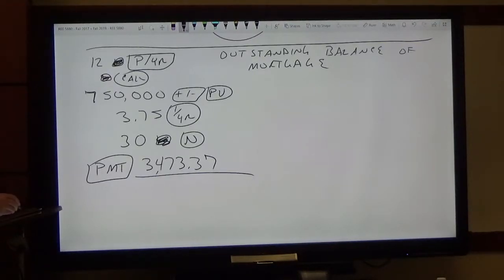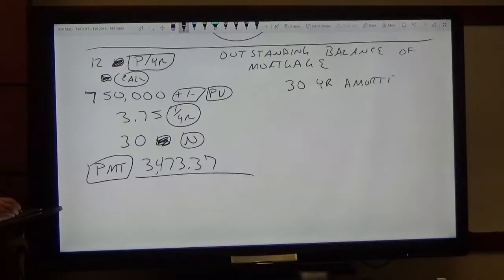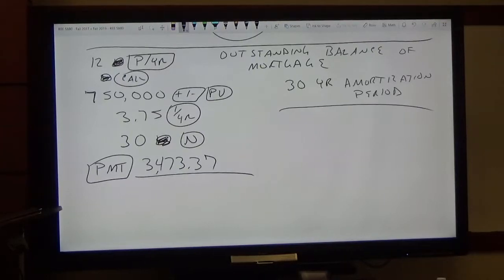Now, some of you have heard me say, on this one, 30-year amortization period. But just because it's a 30-year amortization does not mean inherently that the term is for the full 30 years. Most commercial loans will have a 5-year balloon note.